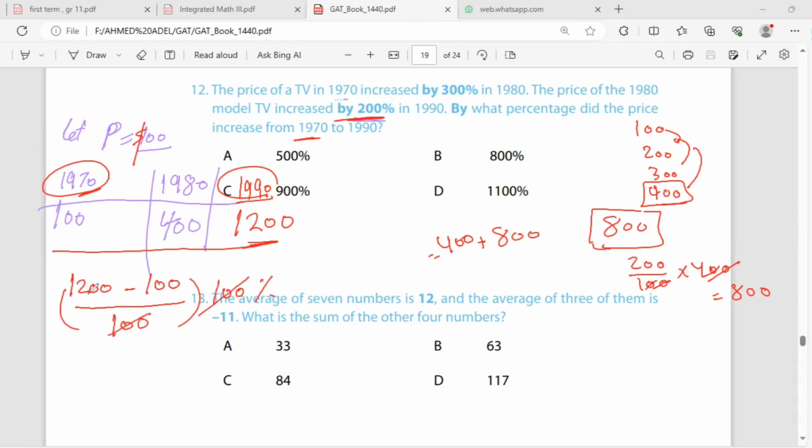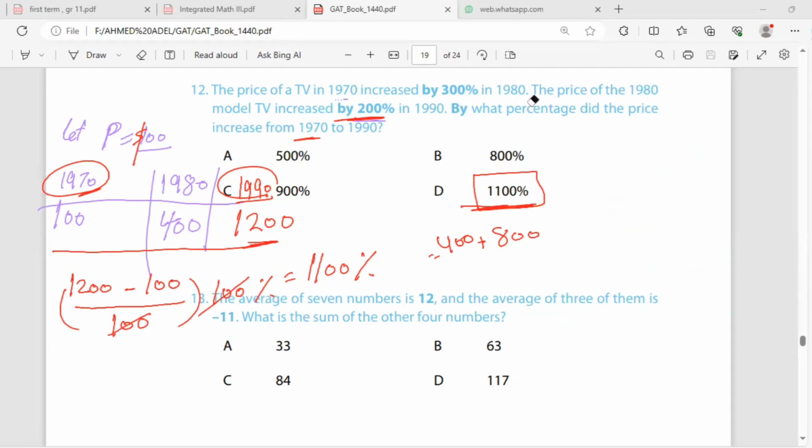So it's going to be 1,200 minus 100, which is 1,100%. So the percentage the price increased is 1,100%.